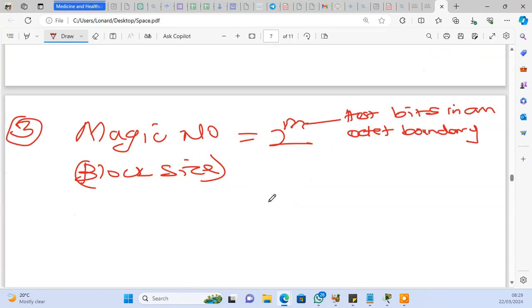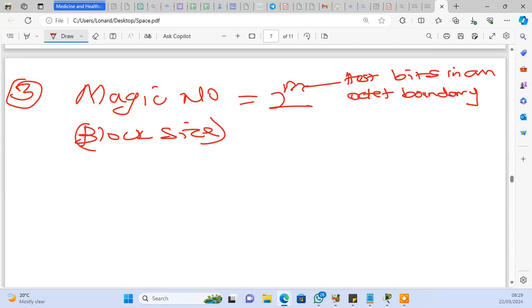So here is our subnet mask. Remember, in answering all these, we're using the subnet mask. Without the subnet mask, you're not going to survive. So here 1, 2, 3, 4, 5, 6, 7, 8. Okay, so host bits in an octet boundary.